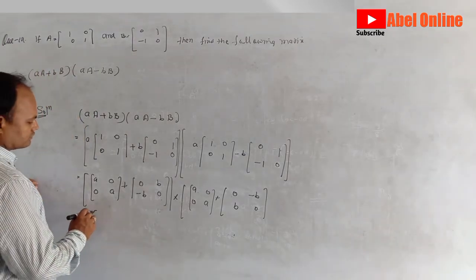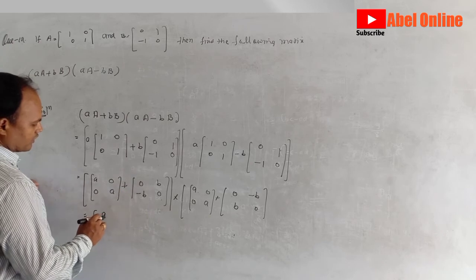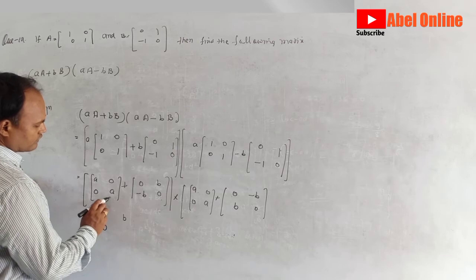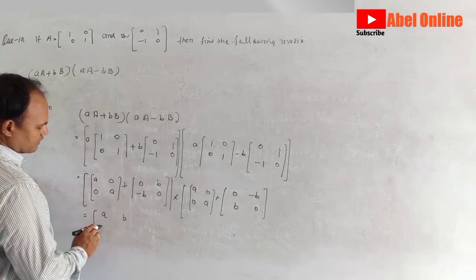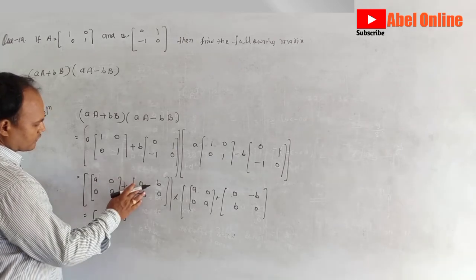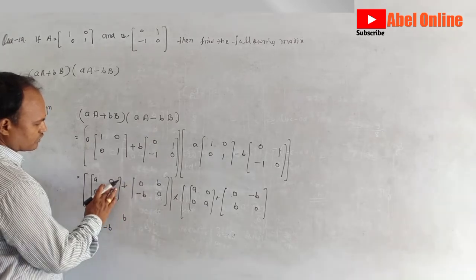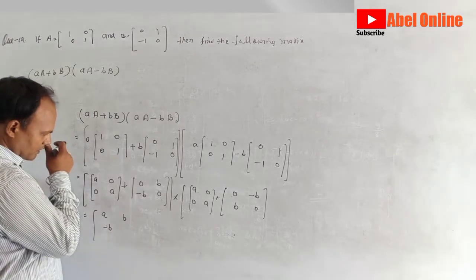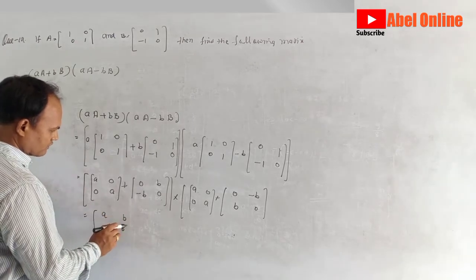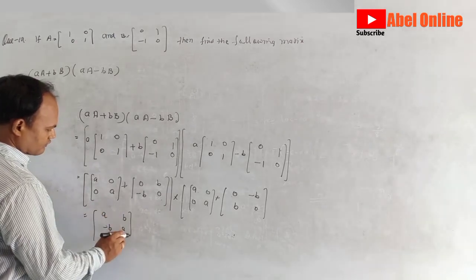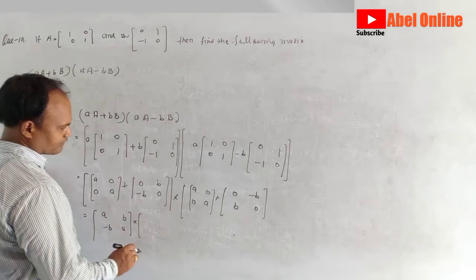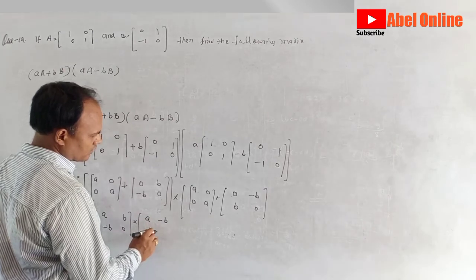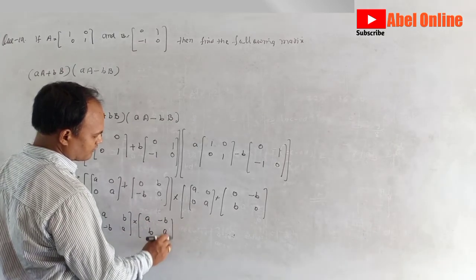So A plus 0 means A, this is B, it is 0, it is minus B. A plus 0 is A, 0 plus B is B, 0 minus B is minus B, A plus B is B, A. Multiply by A, minus B, B and A.